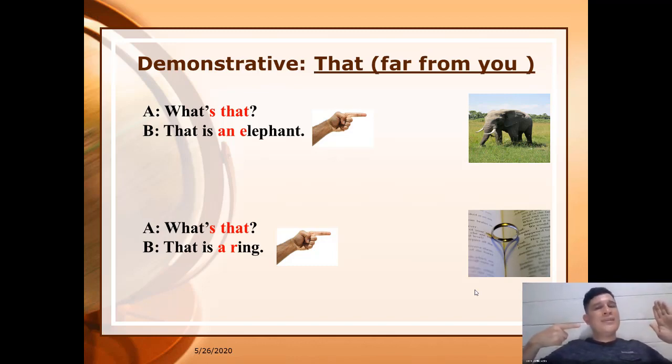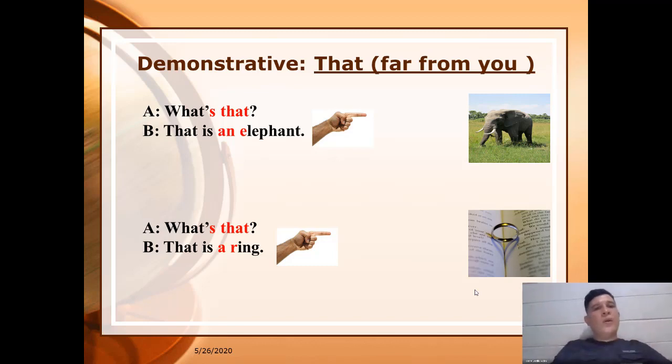And same thing, we use it with singular nouns. Same thing with this, close, and singular nouns. That, it's far from you, singular noun, and we use it with singular nouns as well.